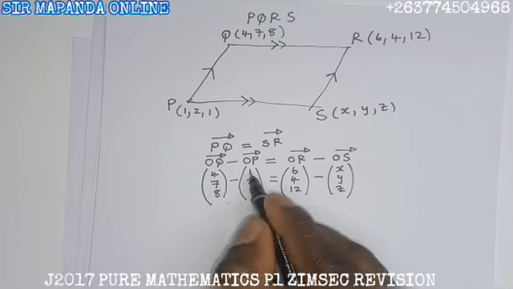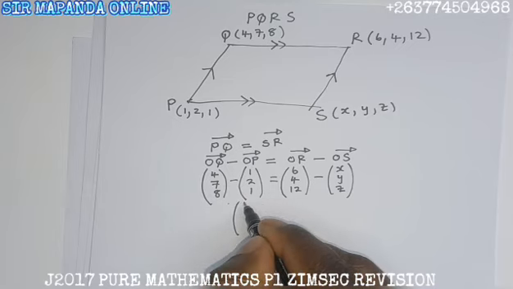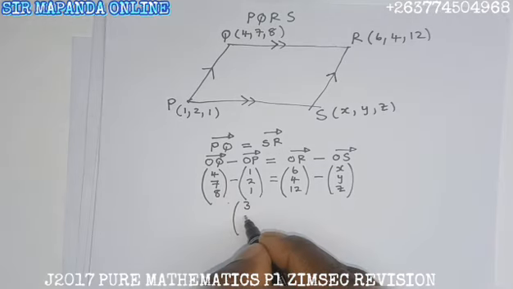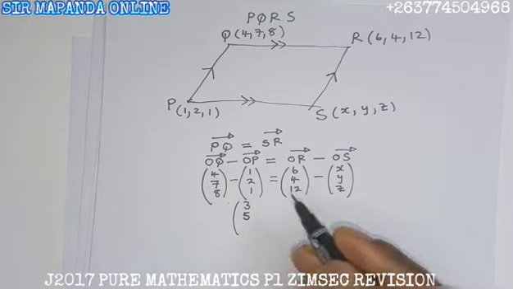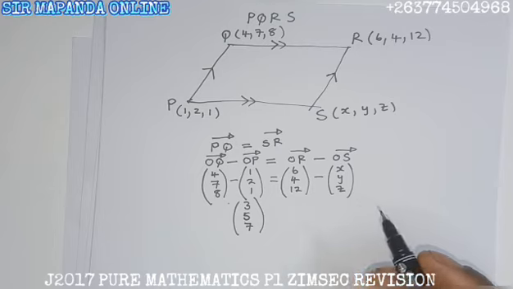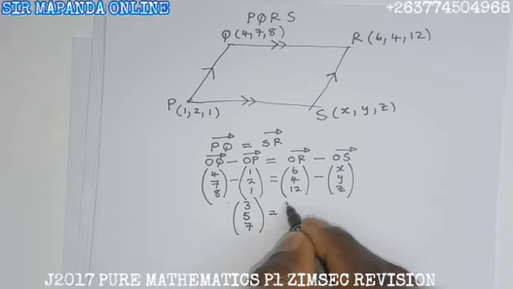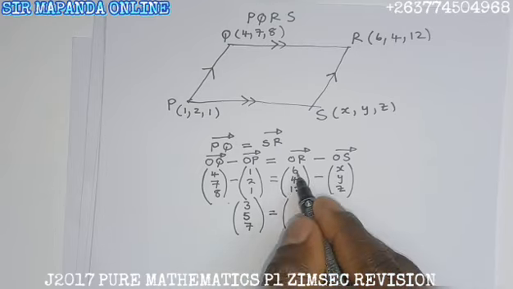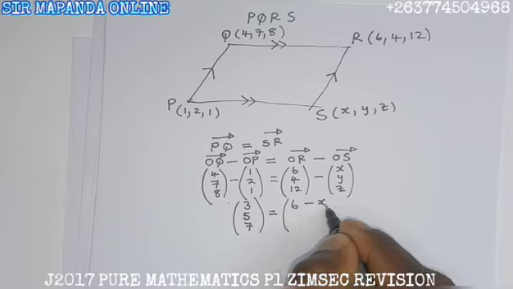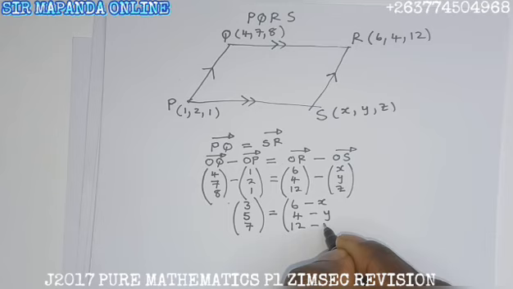Here, 4 minus 1 gives you 3. 7 minus 2, you get 5. 8 minus 1, you get 7. This is equal to (6 minus X, 4 minus Y, and 12 minus Z).